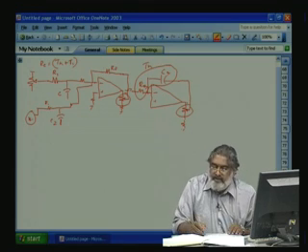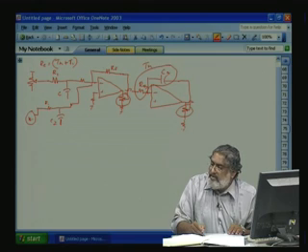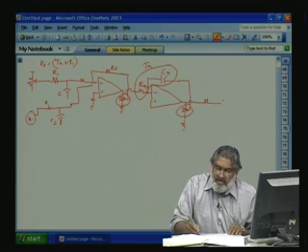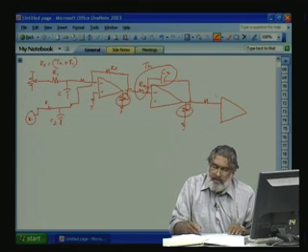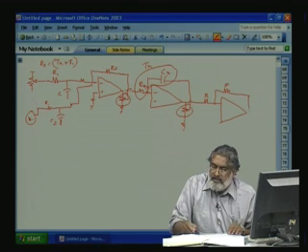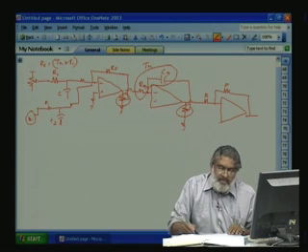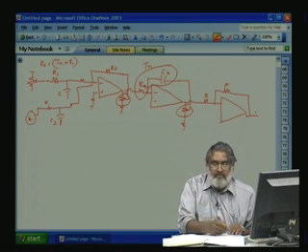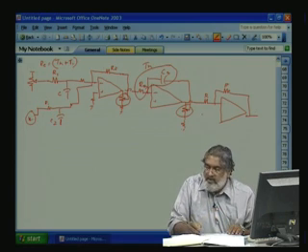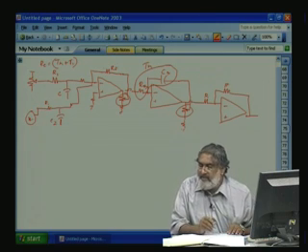Now, from here finally it will go to our summing amplifier. These are the same resistances, and V0 we want to limit to plus 10 and minus 10, depending on the variation we require here.